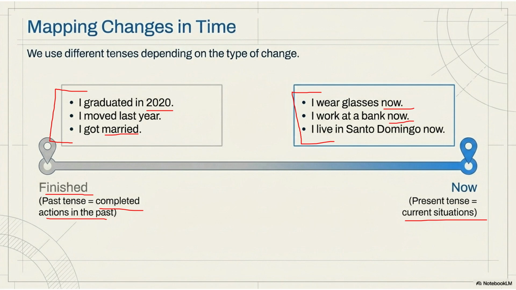If you are working at a bank now, it's because before you didn't. I live in Santo Domingo now. Well, if you live in Santo Domingo now, it's because before you didn't. Maybe you lived in San Cristobal, or you lived in Bani. But now, at the present, at the moment, you live in Santo Domingo. So we can also use the present simple to express change.